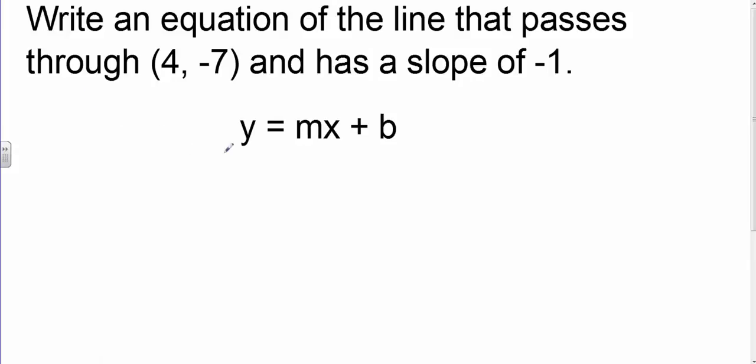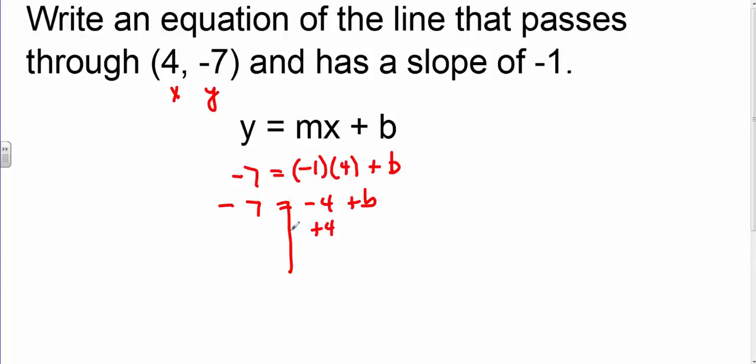So we've got 4 for x, negative 7 for y. We come down here and we go negative 7 is equal to, slope is negative 1, times x, which is 4, plus b. So that gives us negative 7 is equal to negative 4 plus b.